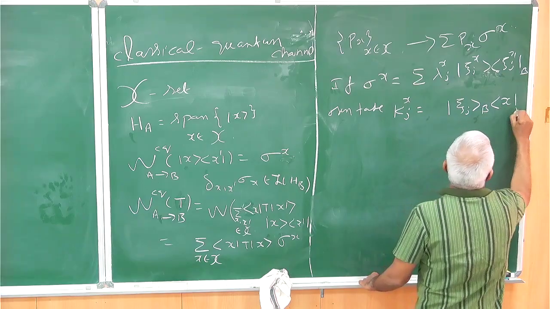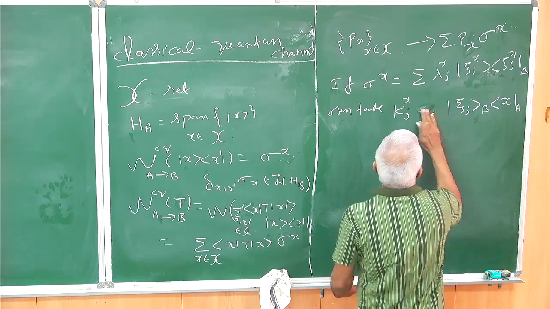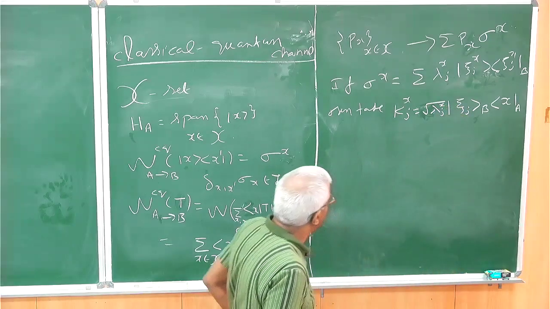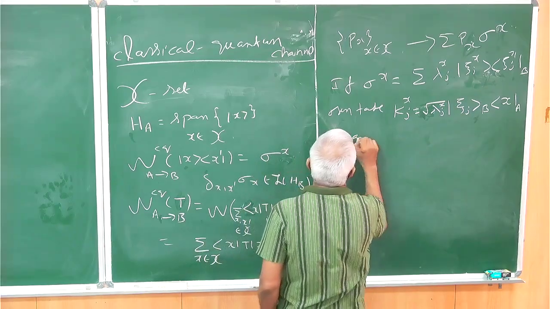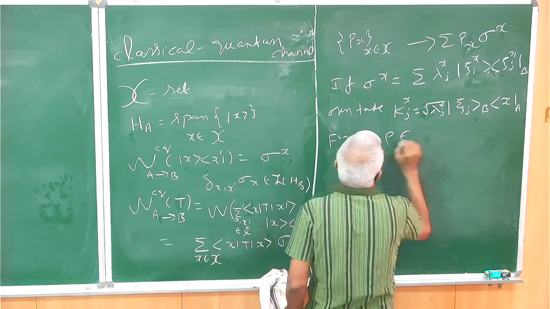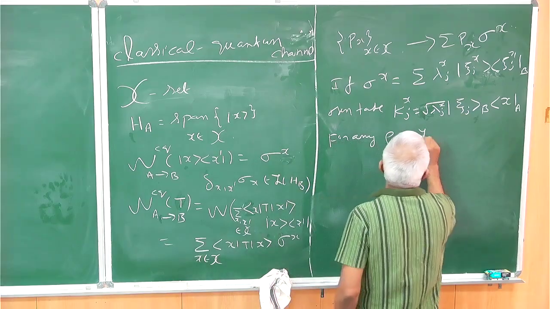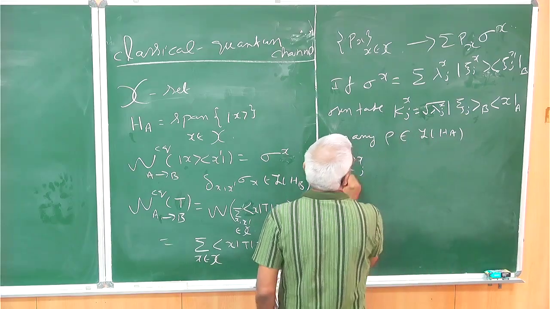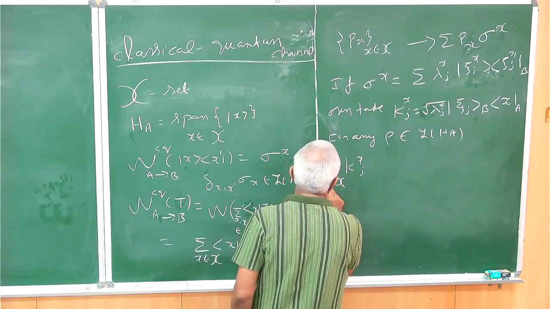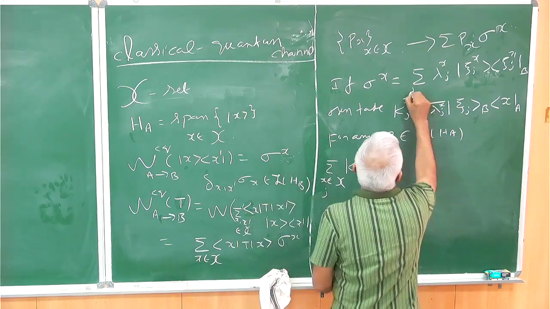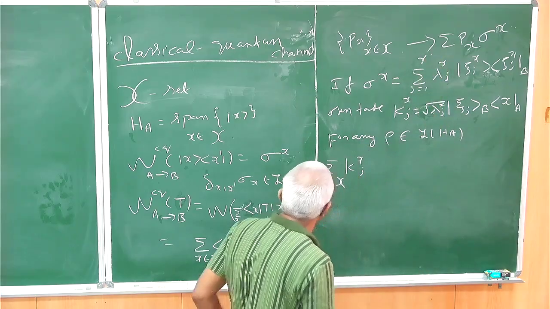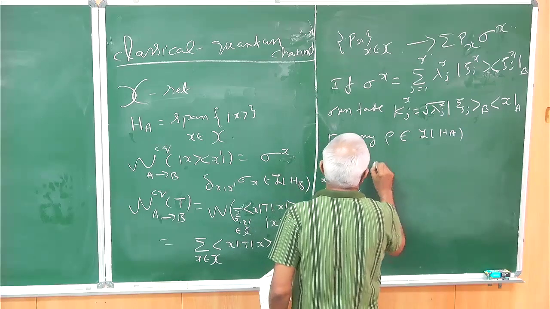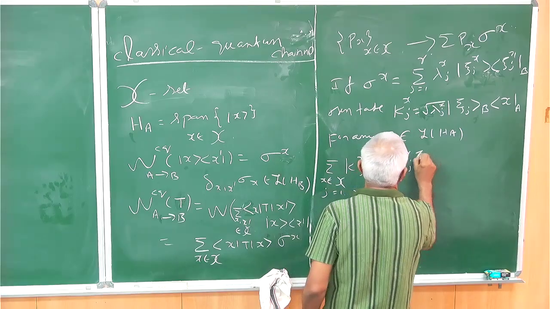So it should take the inner product with the x in A, and the square root of lambda_xj. Then for any rho in L of HA, this is just going to be the summation over x and j, with j equal to 1 to r, of K_xj rho K_xj star.